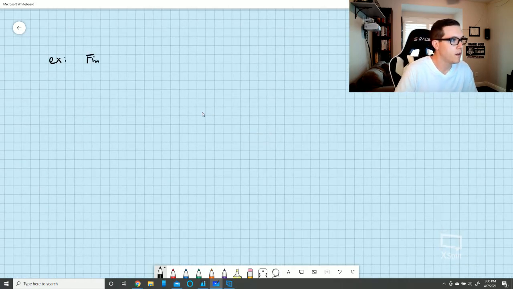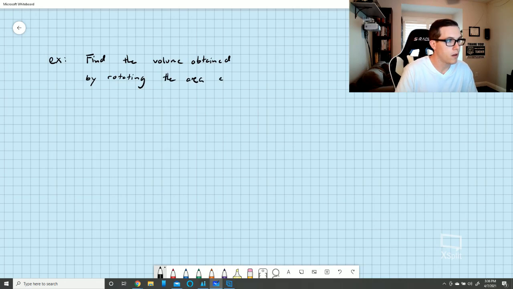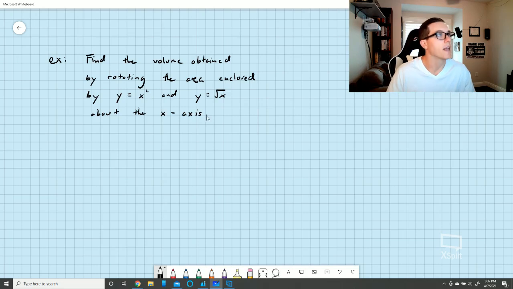Find the volume obtained by rotating the area enclosed by y equals x squared and y equals root x about the x-axis.